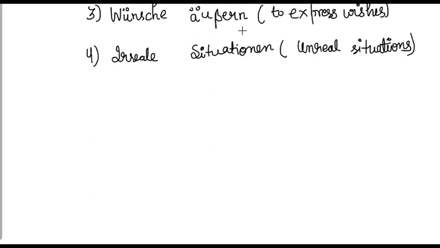Okay, so this is obviously an imaginary situation, where the person wants wings so that he can fly. Okay, so this is the irreale Situationen. Now the main part comes, that is conjugation. In German, we all know that the verbs are conjugated.